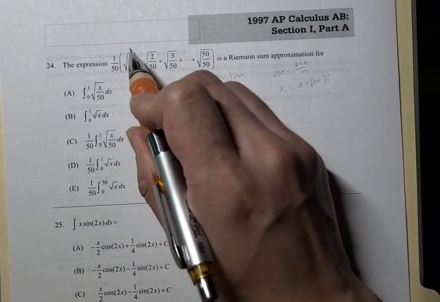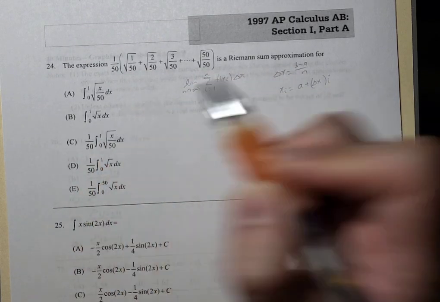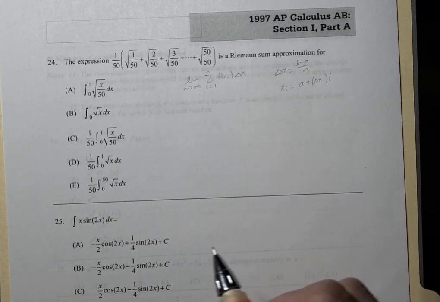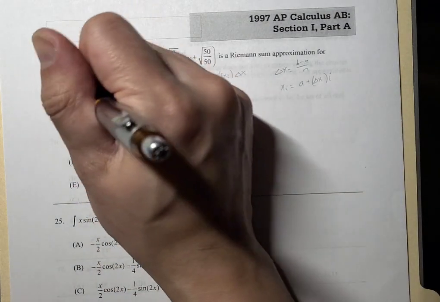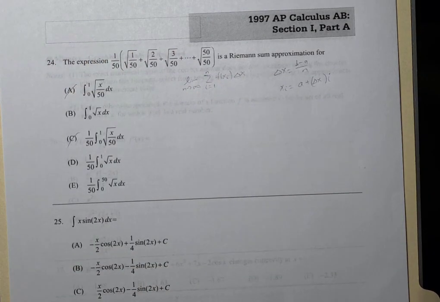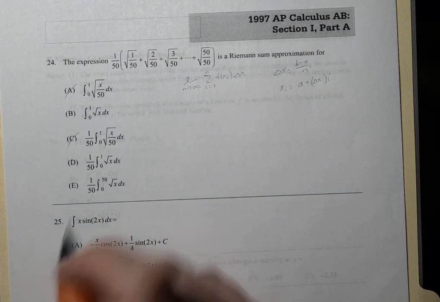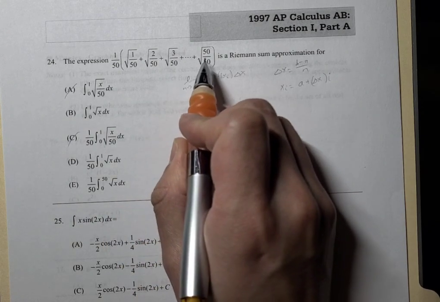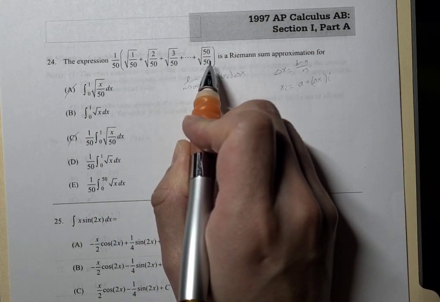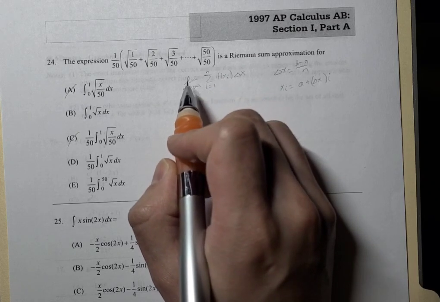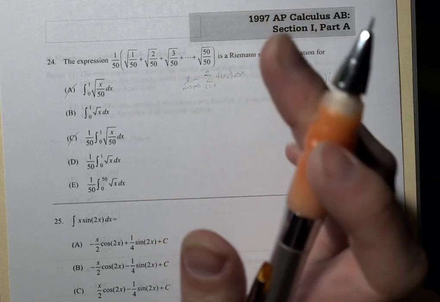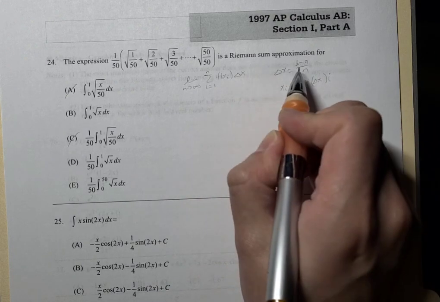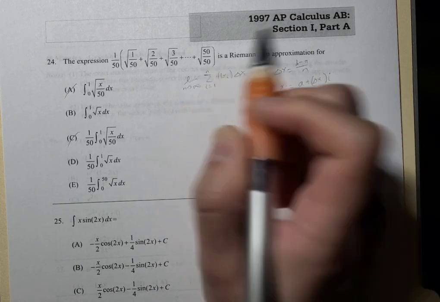So f is just square root. So it should be this one or this one or this one. Now, which one is it, okay? Well, so we can eliminate these two, okay? Well, okay, so first of all, the last point, since we're using right endpoints, it should be b, which is 50 over 50, which is 1.